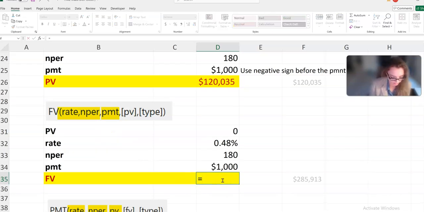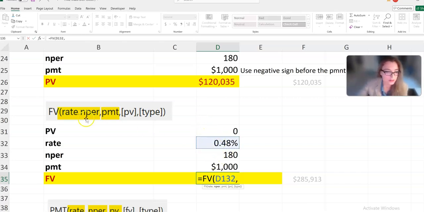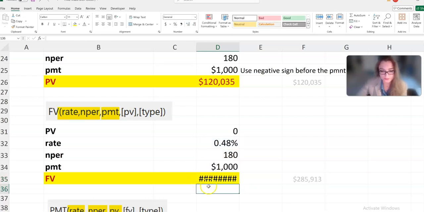Equals sign, future value, parentheses open, rate first, then number of periods, then payment, again with a minus, enter. Wow, that's a very long number. It means that it has something behind decimal place. Let's reduce it.